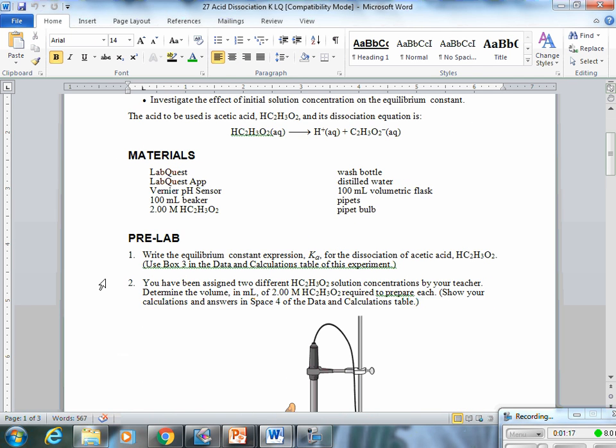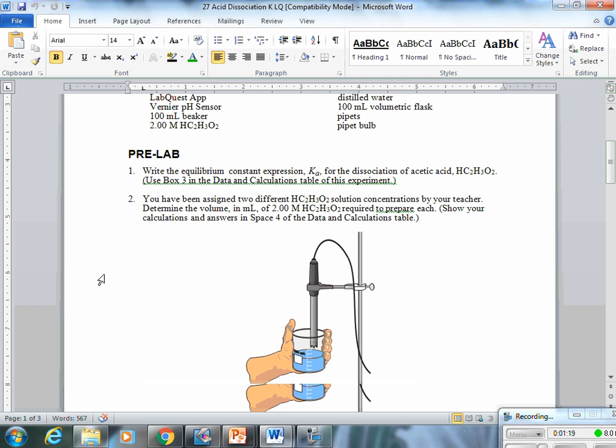There's a couple of things that we are going to need to do pre-lab. Okay, you are going to need to write the equilibrium concentration expression for acetic acid. It says to use box 3 in the data table to do this calculation. Also, you are going to have two different concentrations of acetic acid that you need to make for this lab.